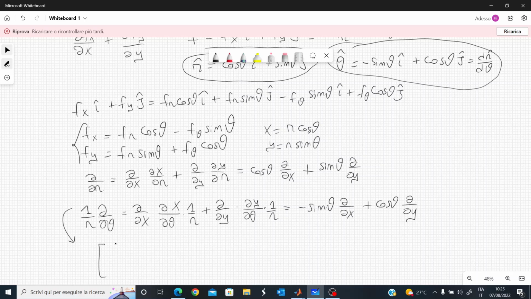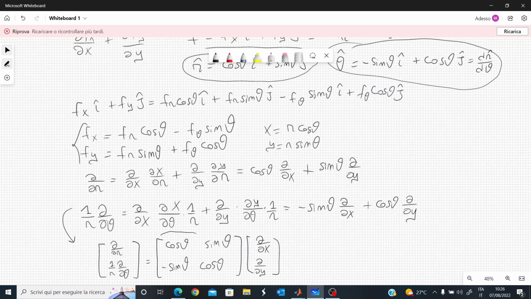We can rewrite this using matrix notation. So d over dr, 1 over r d over d theta is equal to the matrix cosine theta, sine theta, minus sine theta, cosine theta, and then here we have d over dx and d over dy.